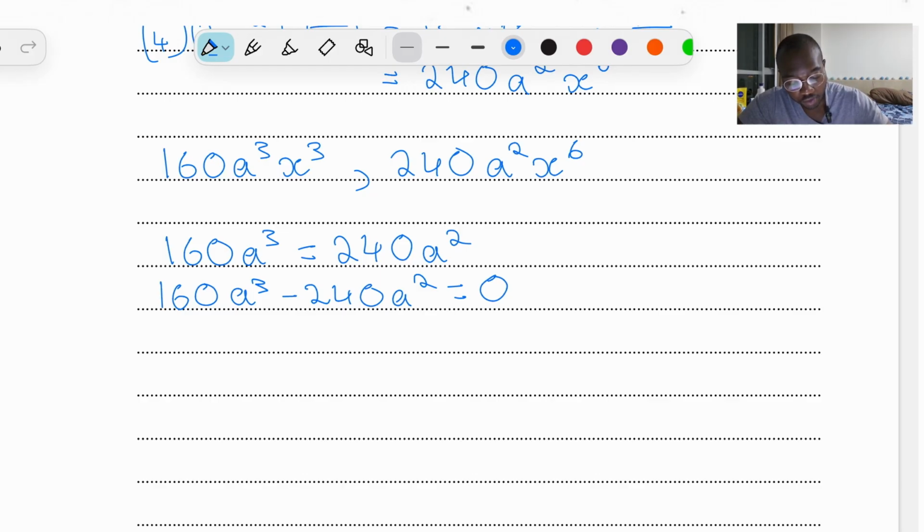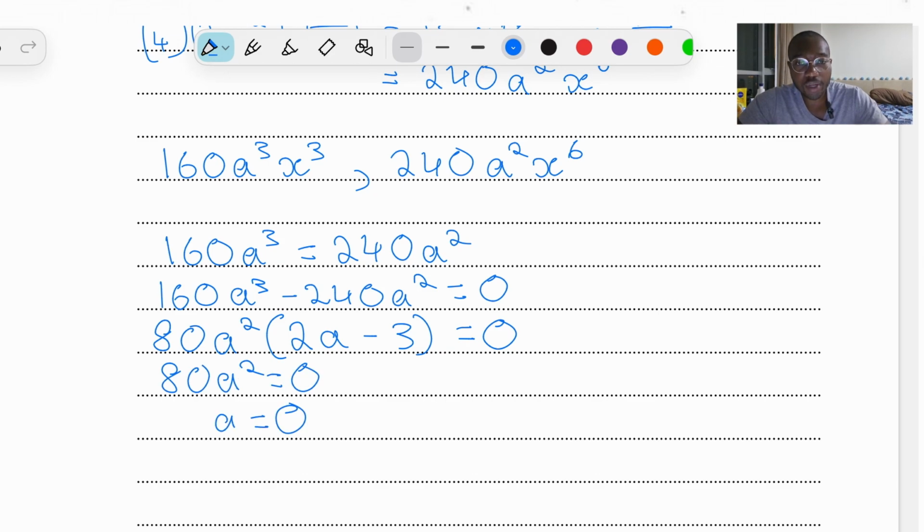So we're going to factorize it, and we can take out 80 and a squared. Then we'll be left with 2a minus 3, and that is equal to 0. As you can see, 0 is a solution, because obviously we get 80a squared equal to 0, which means that a is equal to 0. But in our question, we don't want that because it's a non-zero constant.